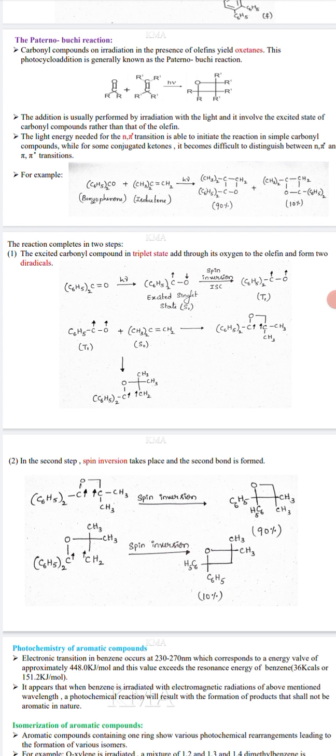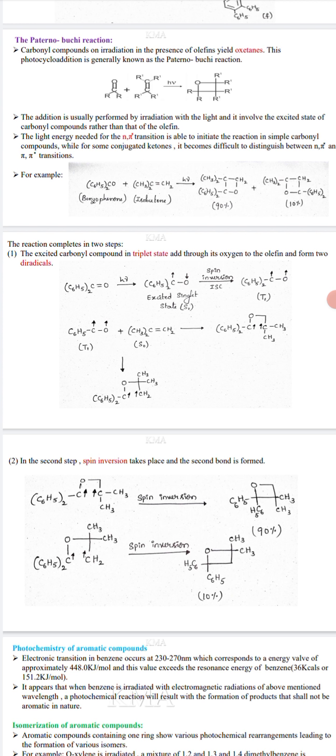So here you can see the first product which is formed, (C6H5)2C-O-CH2-CH2. So this is the one product which is formed in the first step. This undergoes spin inversion at both the carbon atoms, and now this forms an oxetane which is the major product.